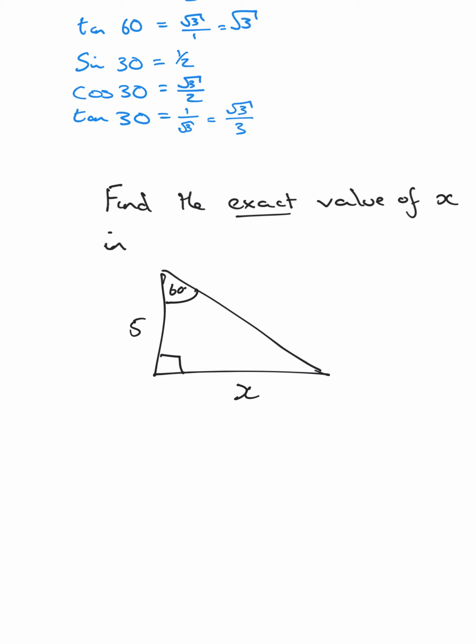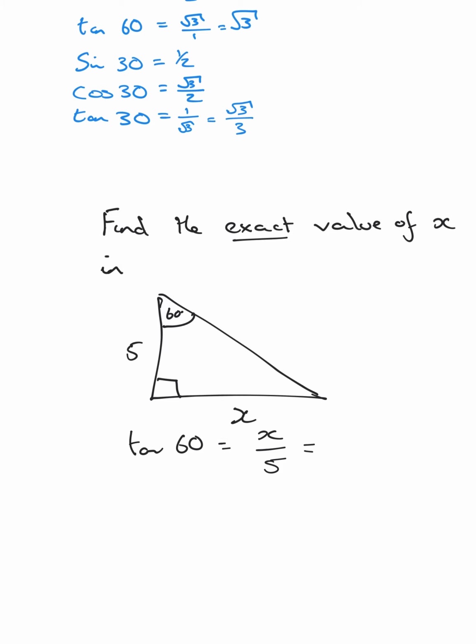We're going to identify first of all which of our trig ratios we're using. Opposite and adjacent, so that's going to be tan, so I can say that tan of 60 equals the opposite over the adjacent, but I know from what we've just worked out what the tan of 60 is.